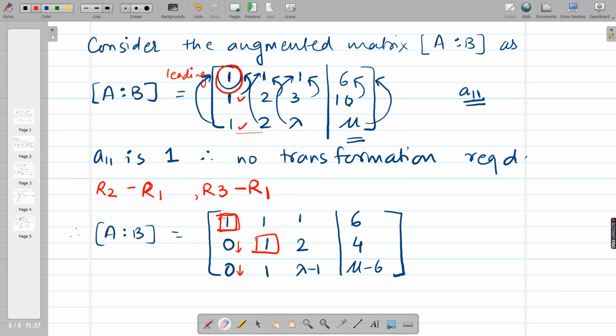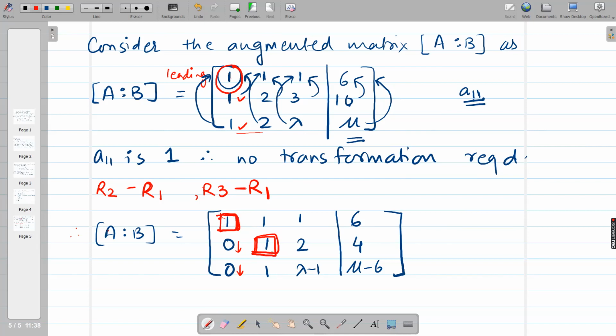I hope you understand this point, that once you get leading one in A11 position, we have to get the next leading one below this leading one in the next column. So this position I'm looking for. And if you observe, fortunately, this is already 1 here.